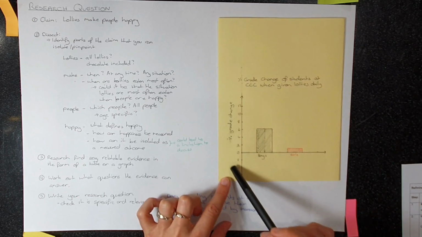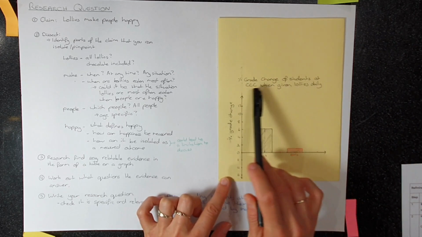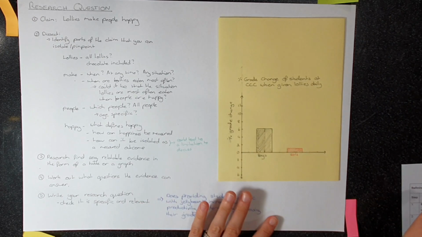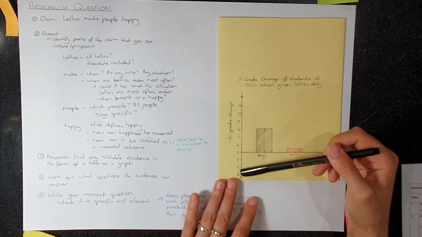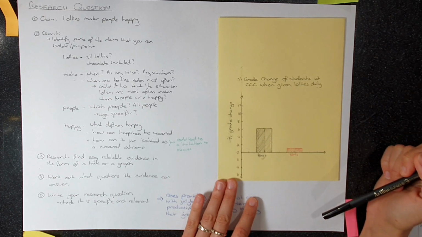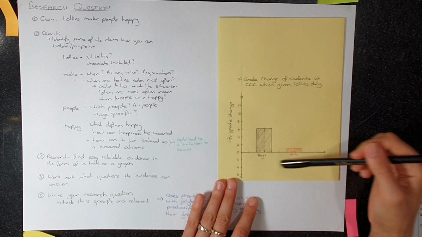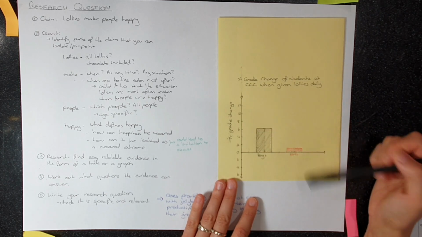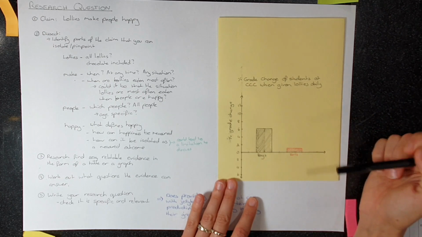So this data here says percentage grade change of students at Chisholm Catholic College when given lollies daily. So it's very local too. The percentage grade change is on the y-axis and boys and girls are shown on the x-axis. We're going to assume that this is an average percentage grade change because we have only got 2 bars on the graph.